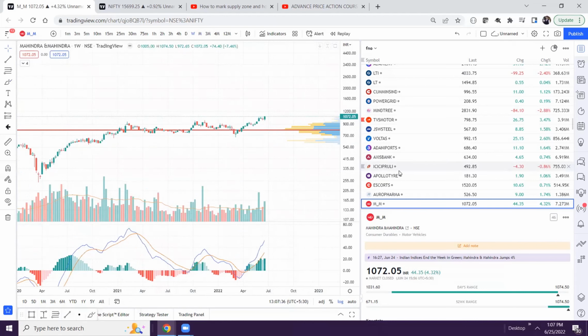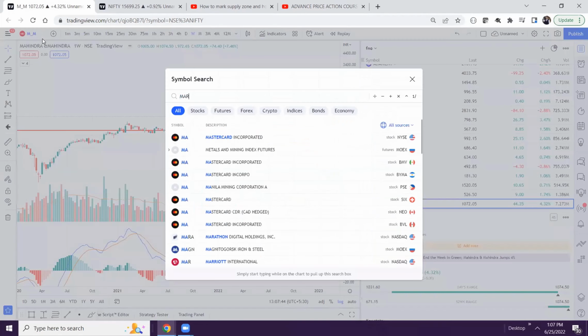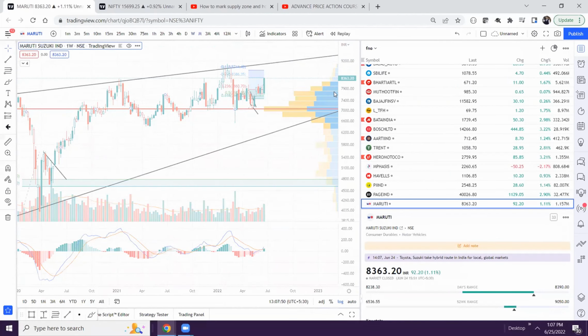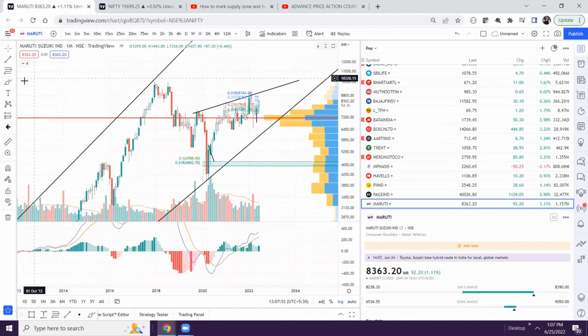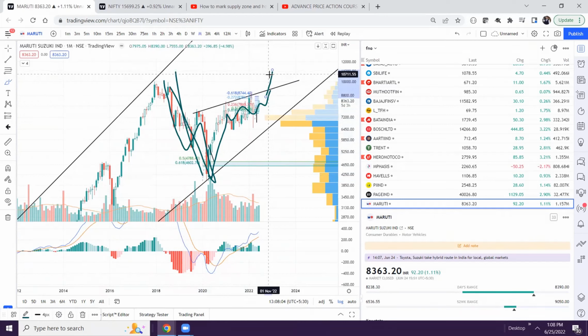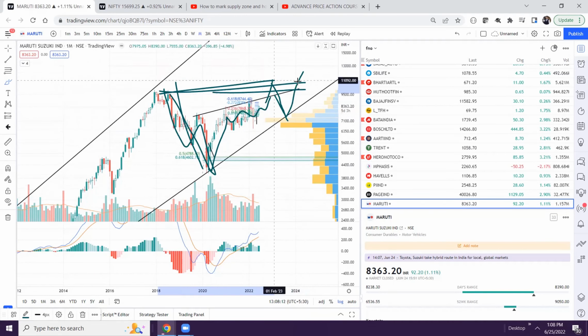So any quick question, because we have only 4 minutes. Maruti, we can discuss. See, all the autos are the same. The structure is the same for all auto stocks. See, this is a fast move, and this can be just a corrective move for it. So until we get more correction and then this breaks again, I cannot say that this is the next impulse.